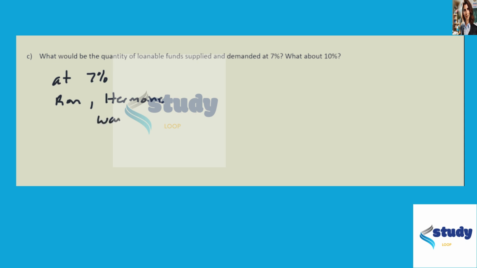They want more to invest. But Harry can only make 5% from his investment, and 5% is less than 7%, so Harry's going to want to lend.